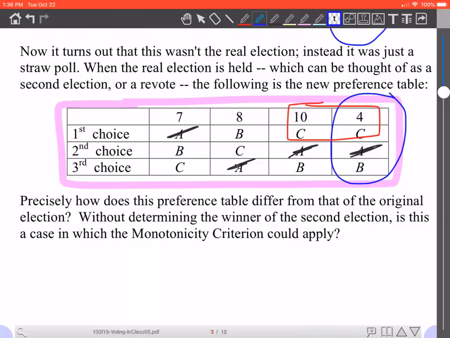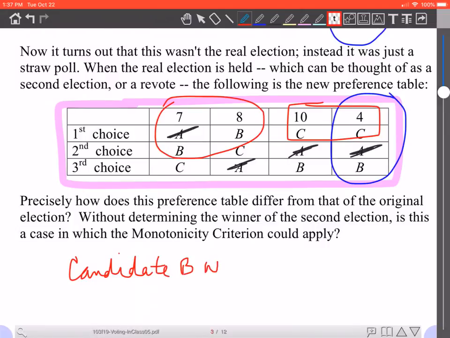What's going to end up happening, and a not very good result, is that these 7 votes will now go to candidate B, and together with the 8 first choice votes they already had, candidate B ends up winning in IRV in the revote.